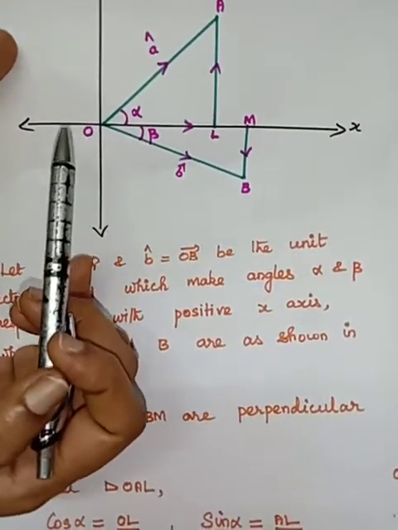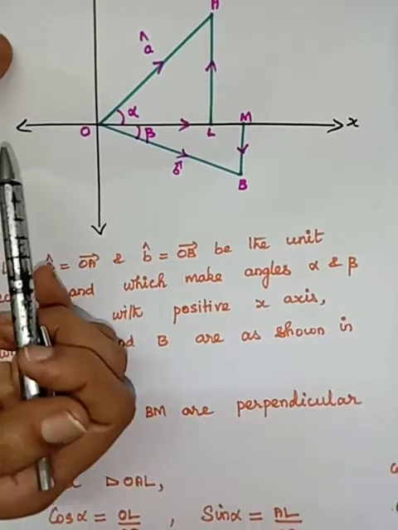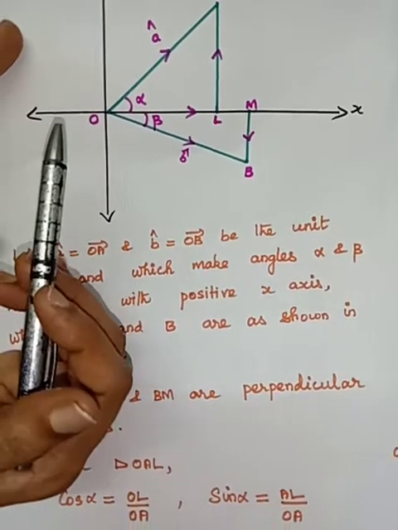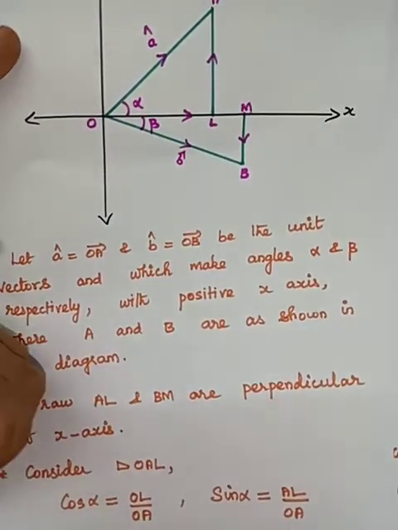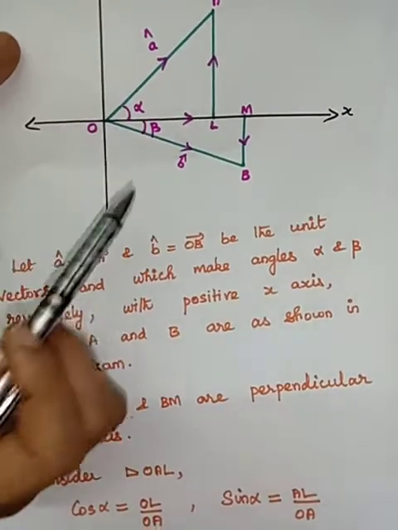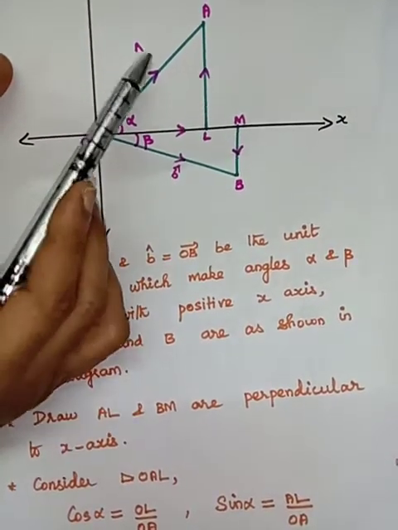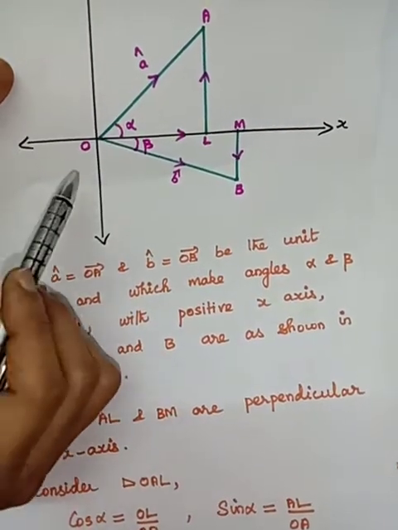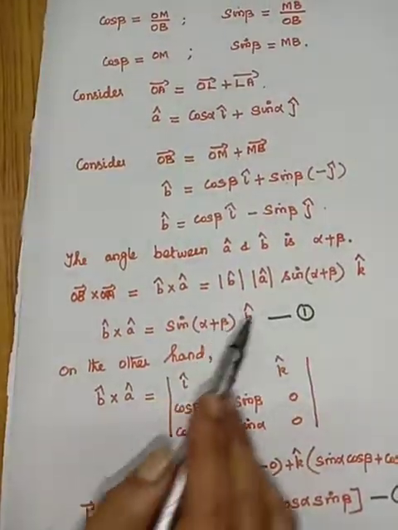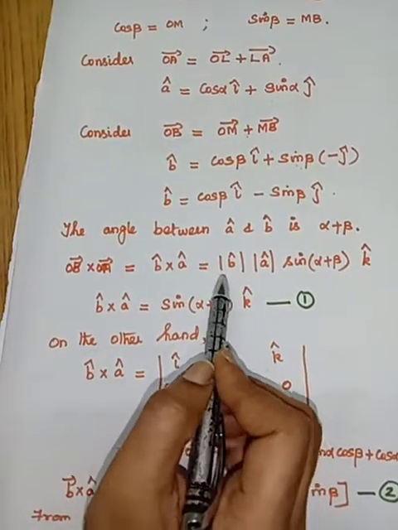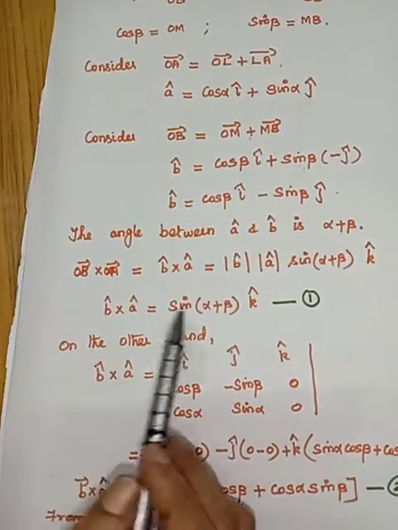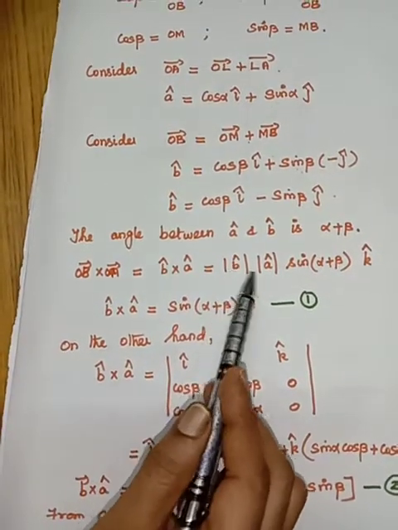It is K cap. What is K cap? K cap is the unit vector acting along the Z axis. So here B cap and A cap, K cap is the unit vector acting perpendicular to B vector and A vector. So therefore here this is 1, here also 1.